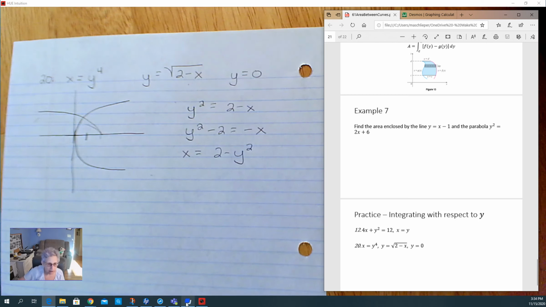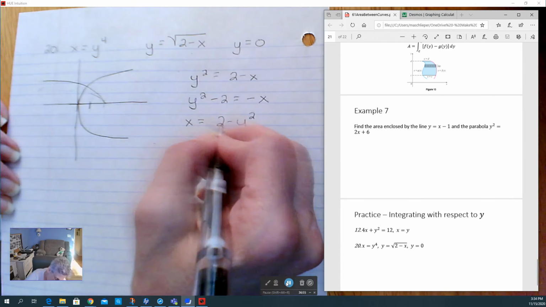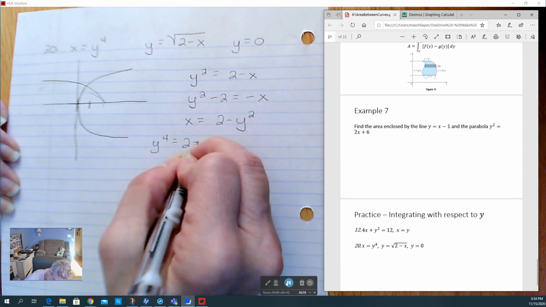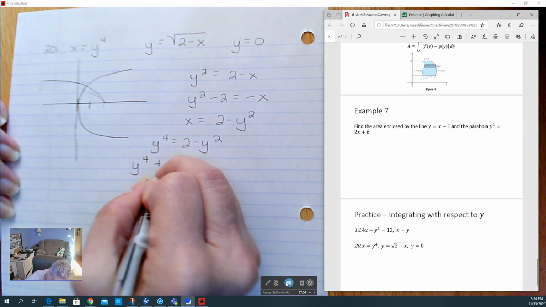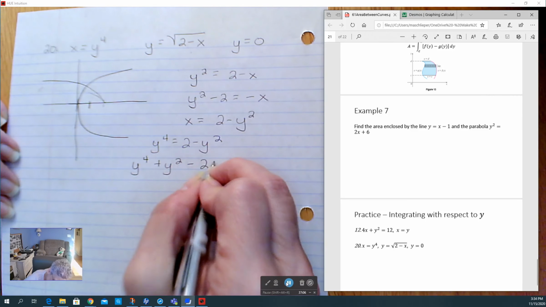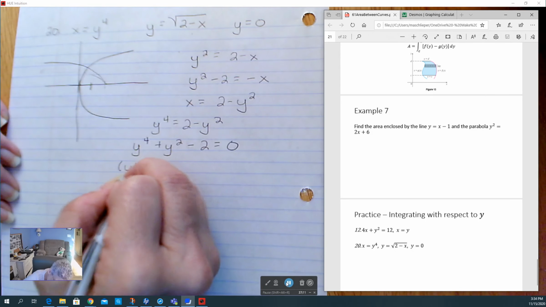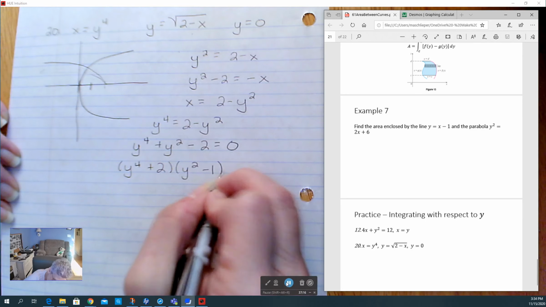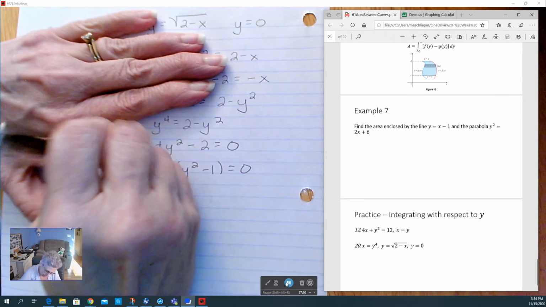I'm going to pause for a moment. Set this equal to y to the fourth. So y to the fourth plus y squared minus 2 is equal to 0. So y to the fourth plus 2 times y squared minus 1 is equal to 0. And that should be squared.